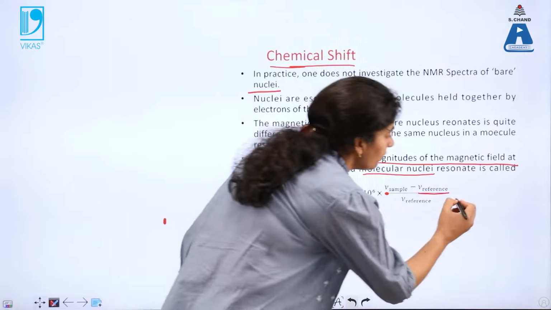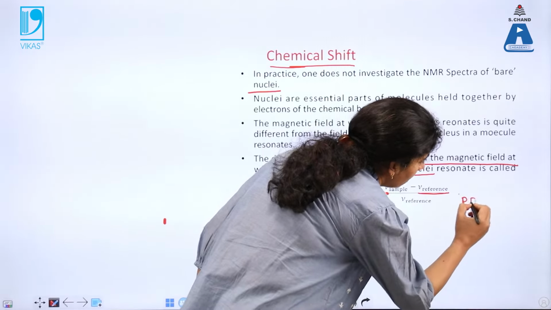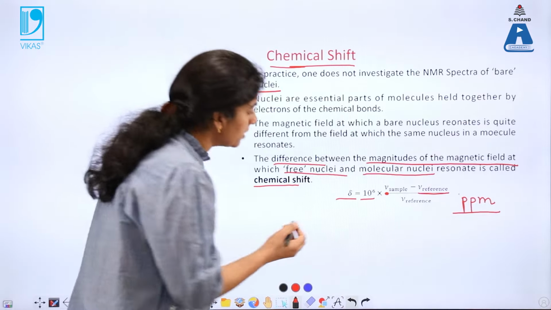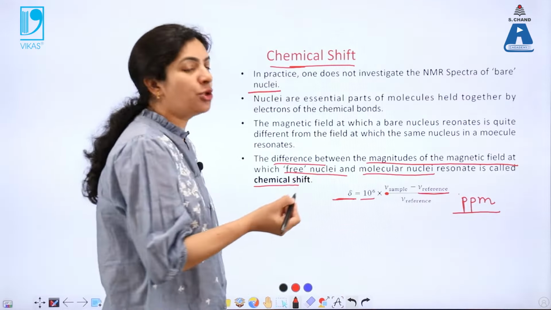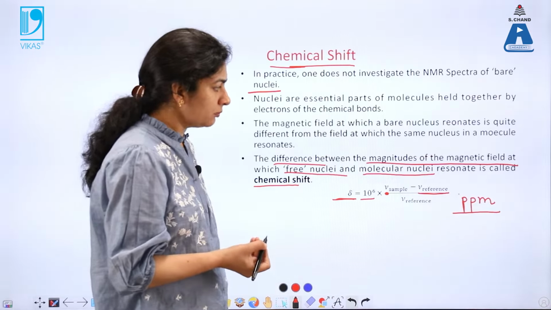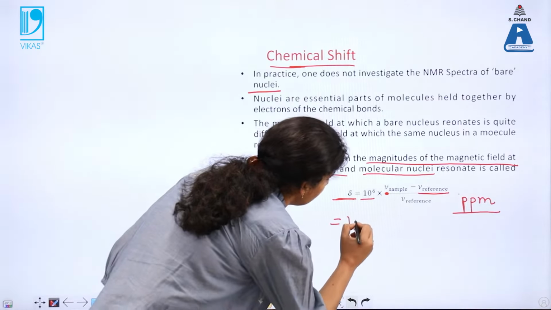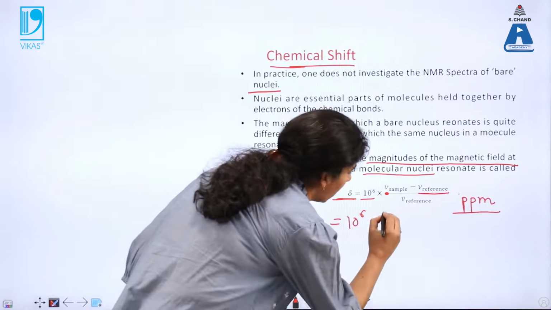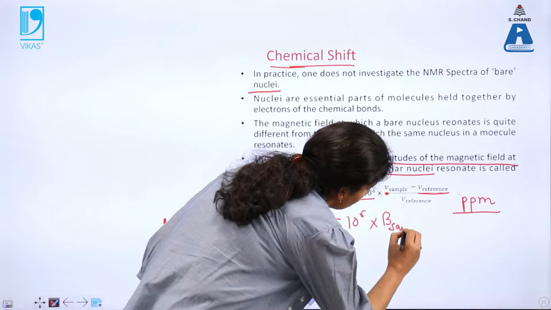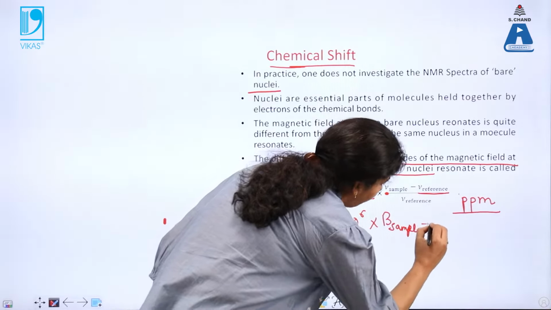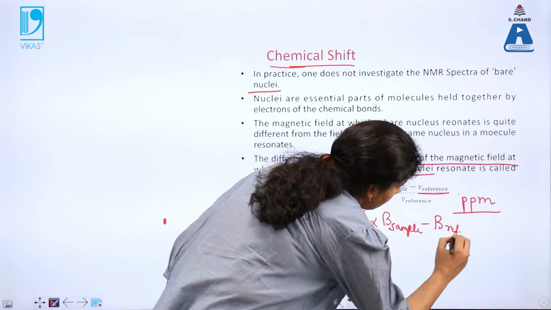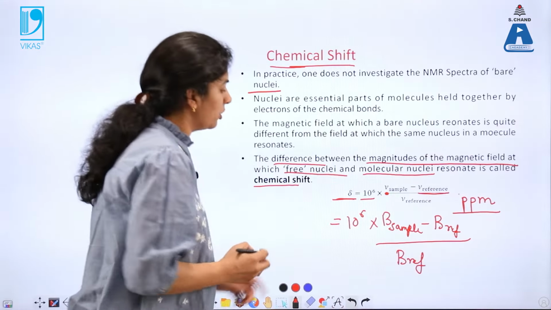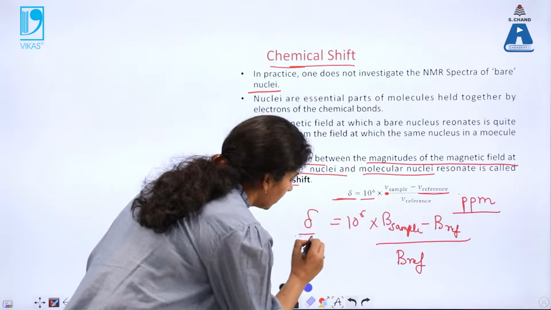So the unit is parts per million. On the delta scale, we observe this quantity in ppm. Since frequency and magnetic field are directly proportional to each other, this can also be written as B sample minus B reference upon B reference, which gives the same quantity, the chemical shift.